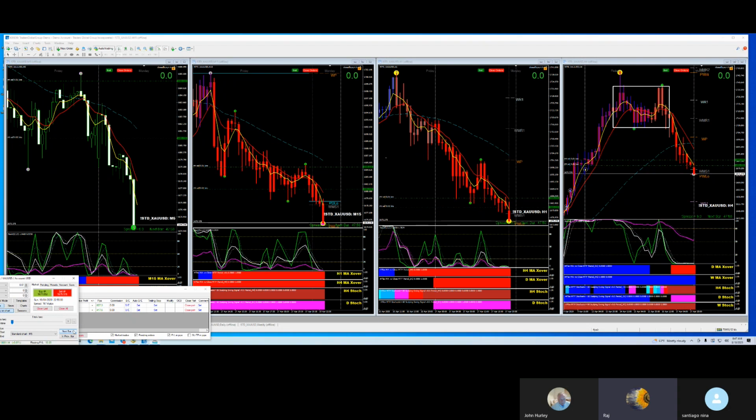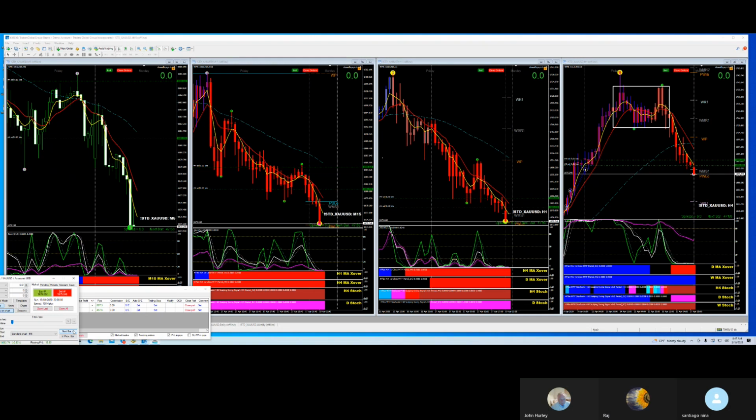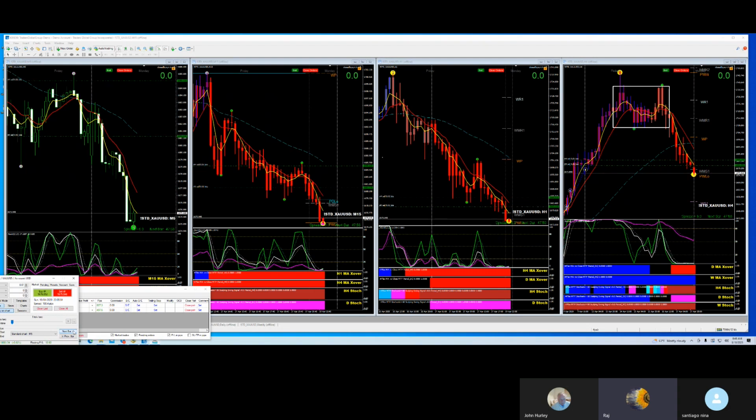You're already up 120 pips. 80 and 50, 130. Here is the previous week low. So there should be a little bit of a bounce here.